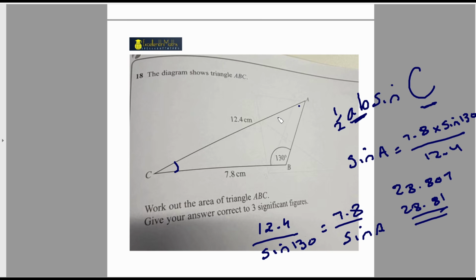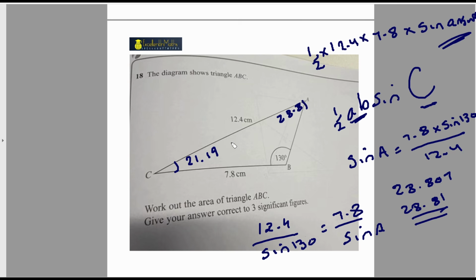Then I add 28.81 to 130, and take this away from 180. I get 21.19, so this angle is 21.19. I'm going to now use half, sorry, 12.4 times 7.8 times sine of the angle between them, which is my answer on the calculator.